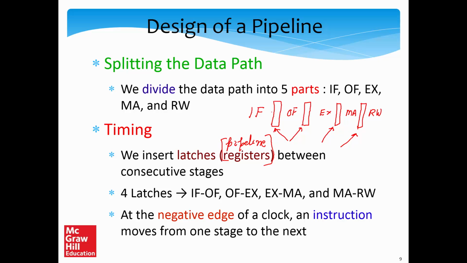These latches are controlled by a clock. If this is the clock, the clock goes to all the 4 latches, here, here, here, and here. The way we design it is that at the negative edge of a clock, one instruction which is in one stage will move to the next stage. So at every negative edge of the clock, instructions move from one stage to the other, and at the end, they go out of the pipeline, meaning that they finish their execution.